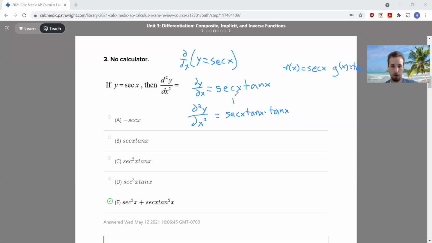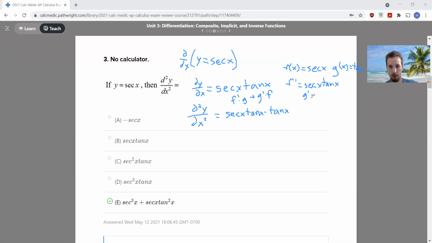Well, product rule is f prime times g plus g prime times f. So f prime here is going to be equal to secant tangent, g, because that's equal to tangent x.